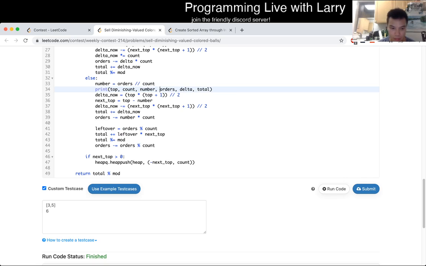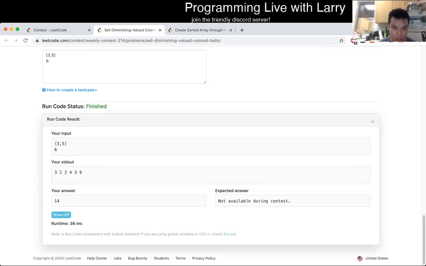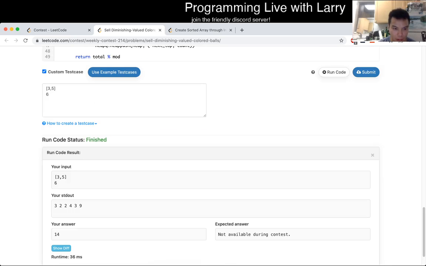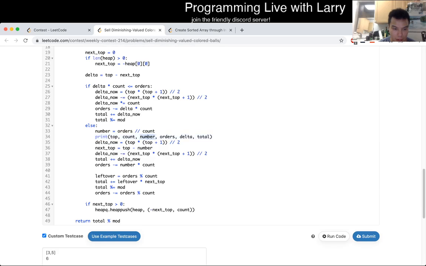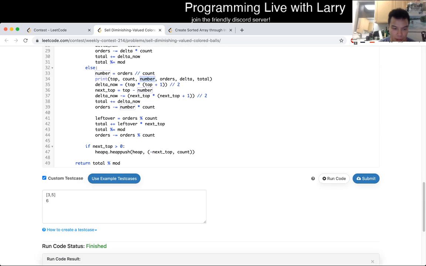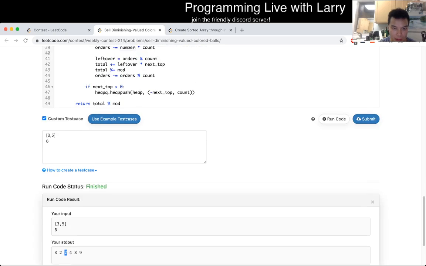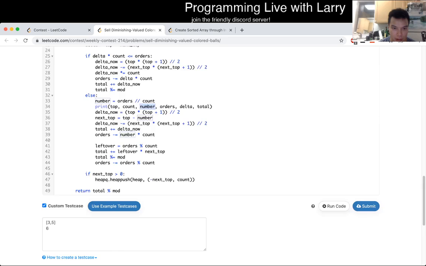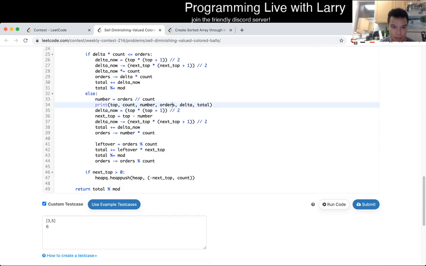So you did 2, 4 numbers as left. That's good. Number is 2. We do want 2 iterations of this. So that means that next top should be 1, right?